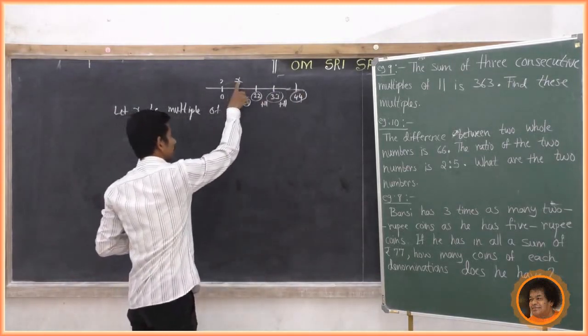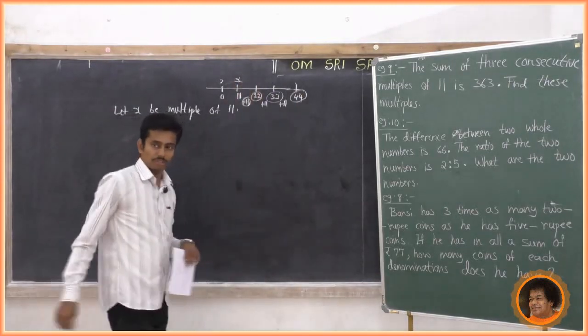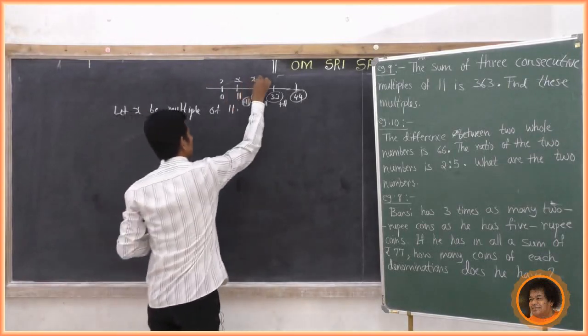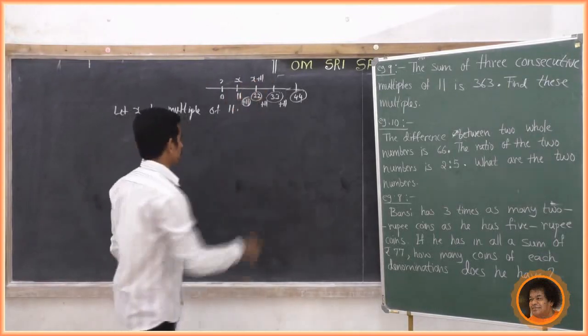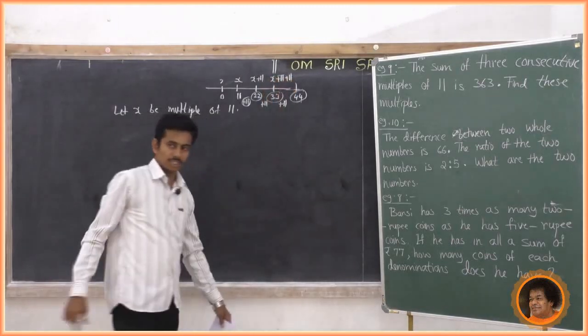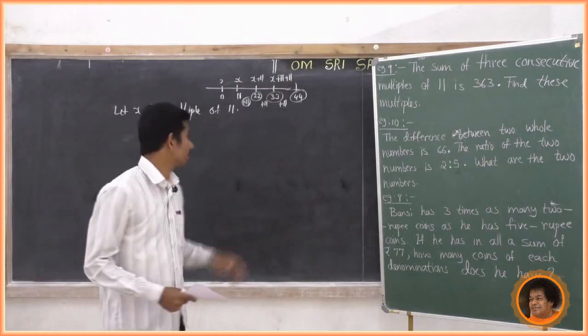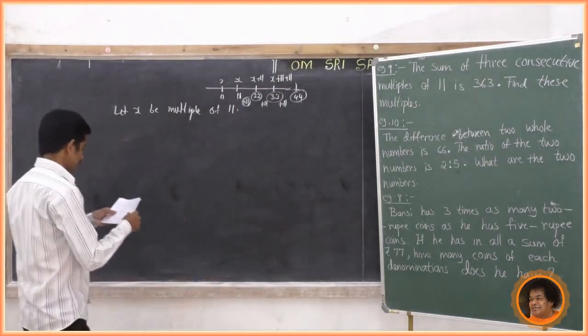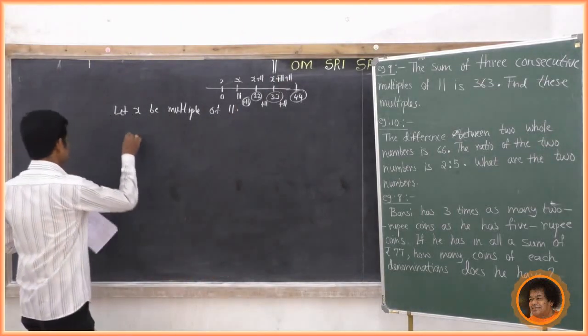So the first multiple is x. What is the next multiple of 11? That is x plus 11. What is the next one? That is x plus 11 plus 11, which is x plus 22. These are the multiples of 11.